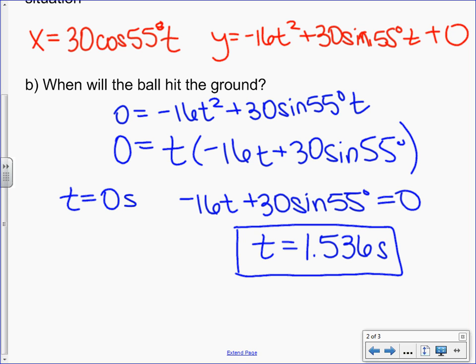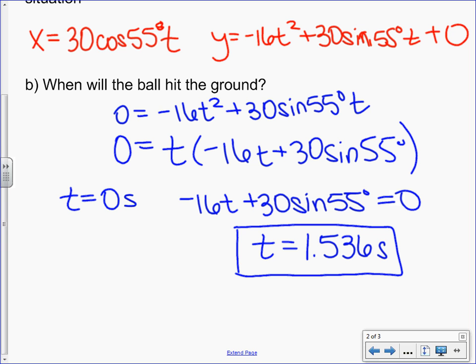This first one is representing what? Where we started, right? Okay, so our football takes 1.536 seconds from when we kicked it to when it hits the ground again. So, if you like football, we consider that the hang time, right? How long was it in the air?